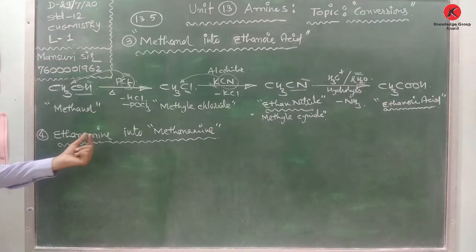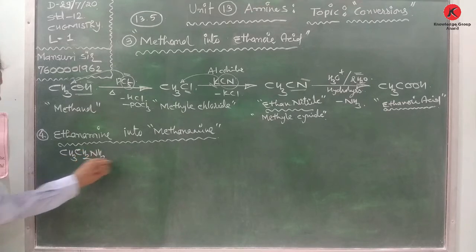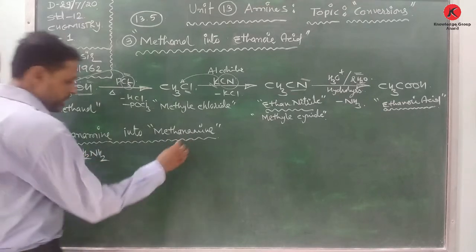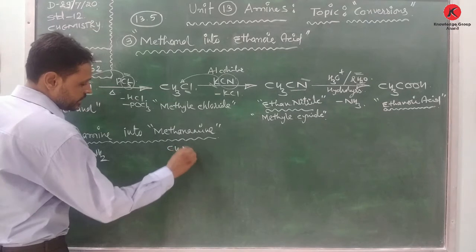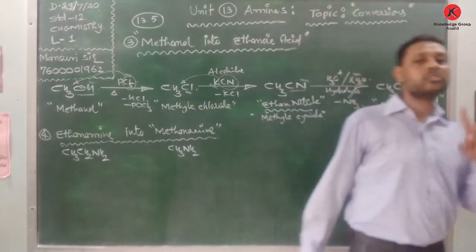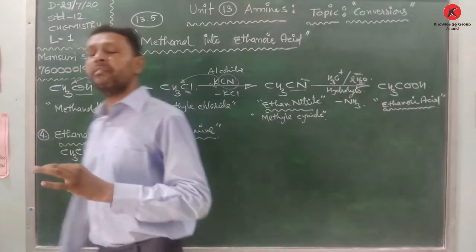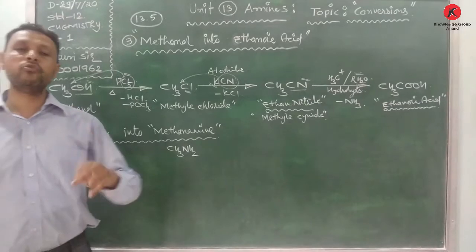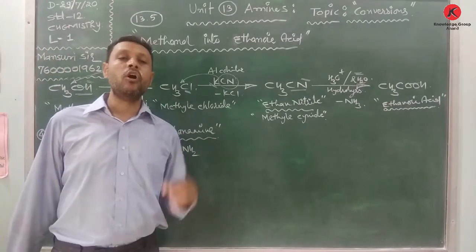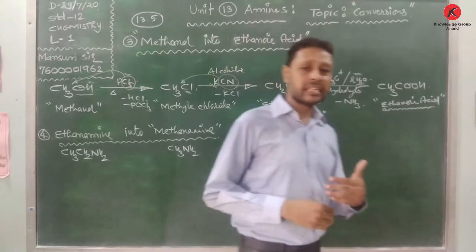Now ethanamine converted into methanamine. Here ethanamine, that means CH3CH2NH2. Now methanamine, which is CH3NH2. So what should we do? One carbon should be less. Whenever 1 carbon is decreased, we have to take a reaction like the Hofmann reaction.